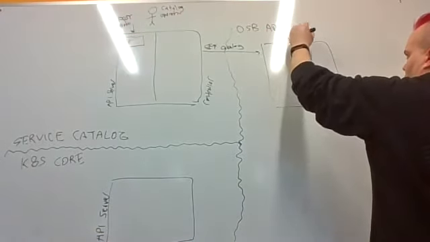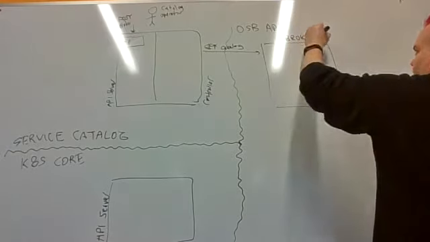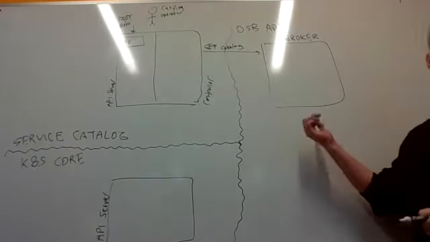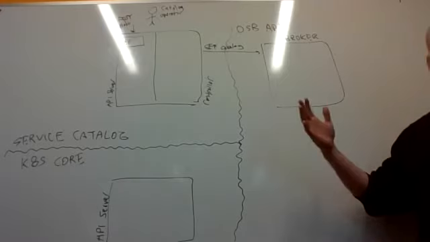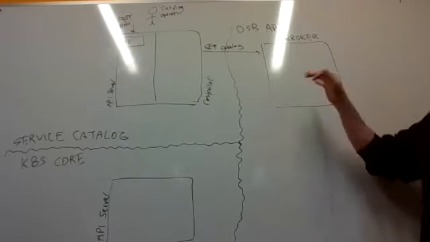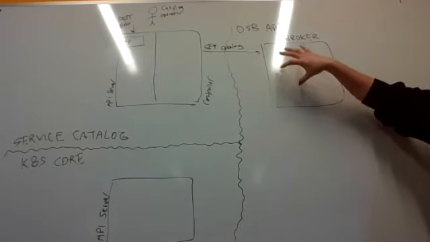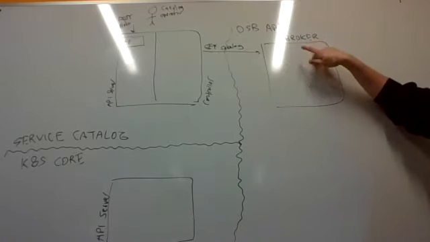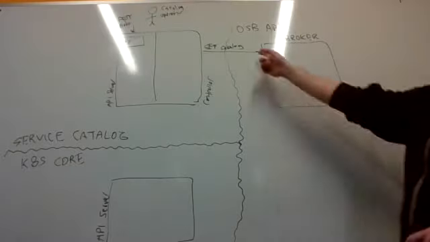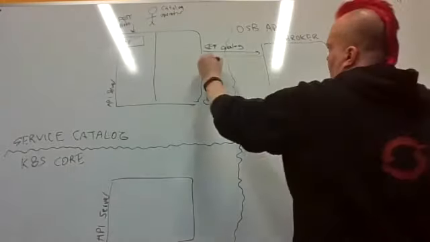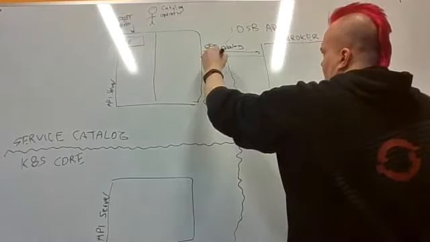Here's the actual broker process running somewhere. And this could be running inside the Kubernetes cluster. It could be running somewhere in the internet. The point actually is that it doesn't matter. As long as you can resolve this thing's URL and reach it, that's all you need to talk to it. So we do a get on its catalog endpoint. It gives us back a list of services.